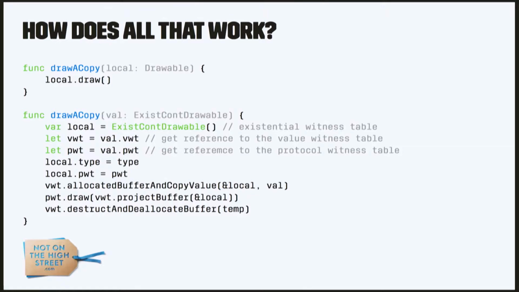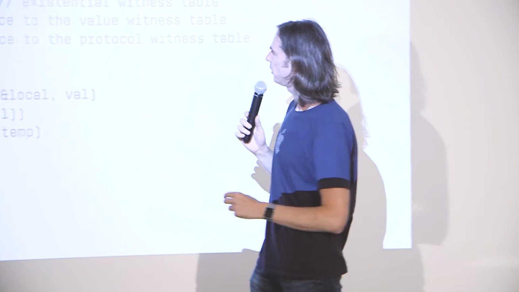It takes a reference to the value witness and to the protocol witness table, sets the type, sets the protocol witness table. It then has to allocate memory copying a reference, so you've got a whole bunch of reference counting going on here. Then it can call your draw, but it can't just call it directly because it's then got to pass a reference again to the parameters going into draw. And then finally it can destroy everything. So that's an incredible amount of stuff for one method.